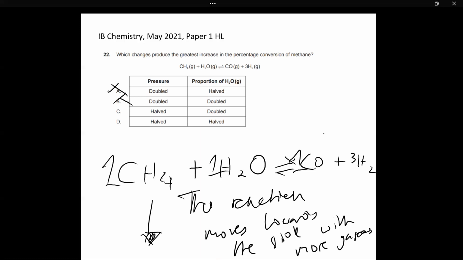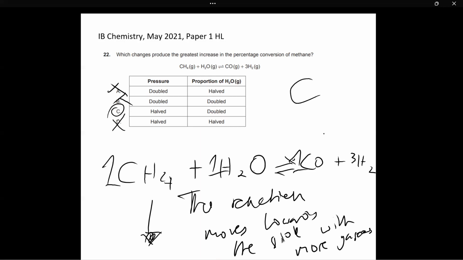Hopefully that makes sense. But in either case, the method to push the conversion of methane towards the products is to increase the proportion of H2O. So you don't decrease it, you increase the proportion of H2O. And that would mean that our answer is C. C is the answer. Hopefully that's made sense.